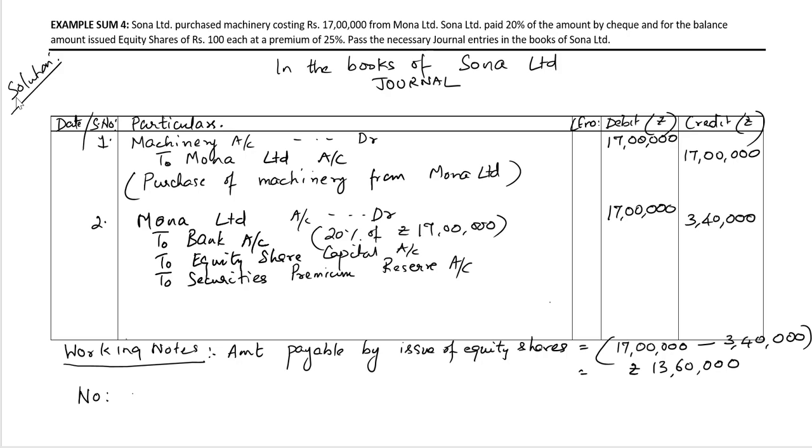Next, let's calculate the number of equity shares issued, which is equal to the amount payable by the issue of equity shares, divided by the issue price of the equity share. The face value of the share is rupees 100, issued at a premium of 25%. Hence, the issue price is 125 rupees. I am dividing by 125.